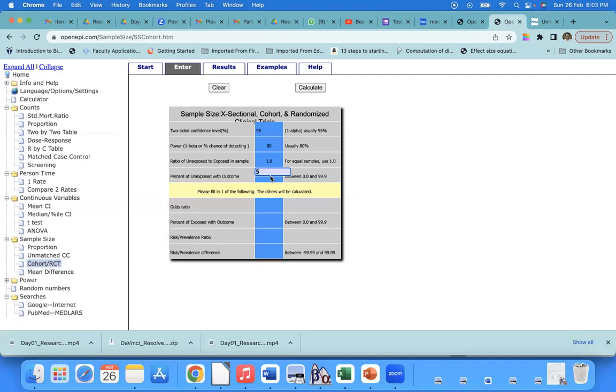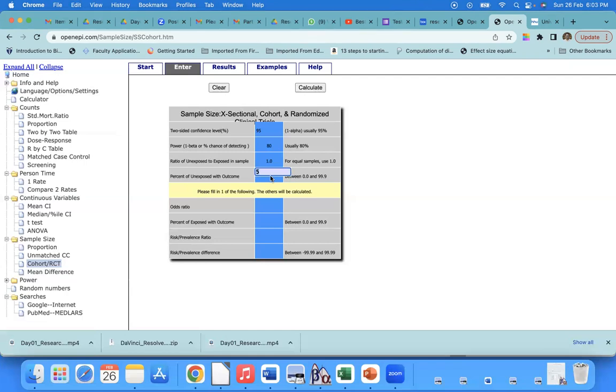Some previous study or article may have given its efficacy or effectiveness, and then you put the value which is similar to that.